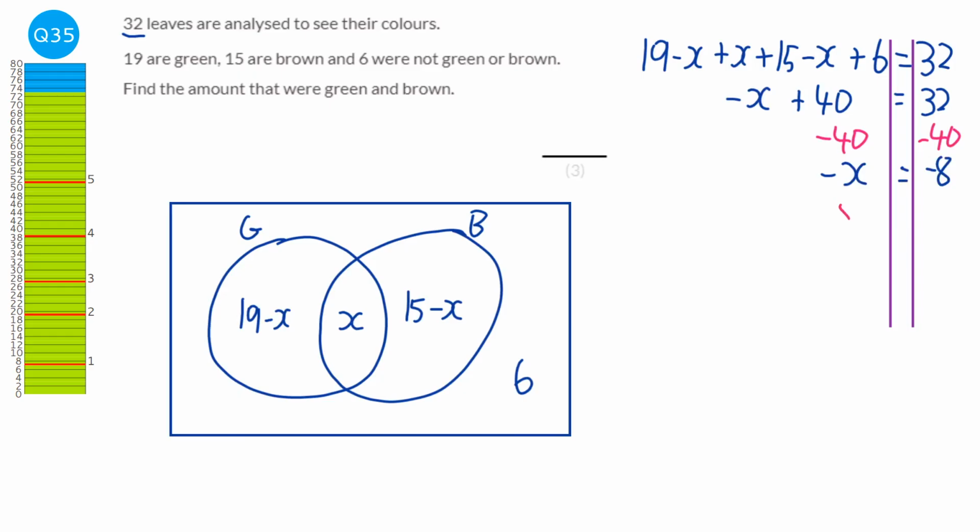And we can just times by minus 1 both sides to make them both positive. So now we know X is 8, we can start filling in the Venn diagram. So it's 19 take away 8, which will be 11. X is 8, so we know that that's 8, and 15 take away 8, which is 7. So to find the amount that were green and brown, we know it's going to be 8.